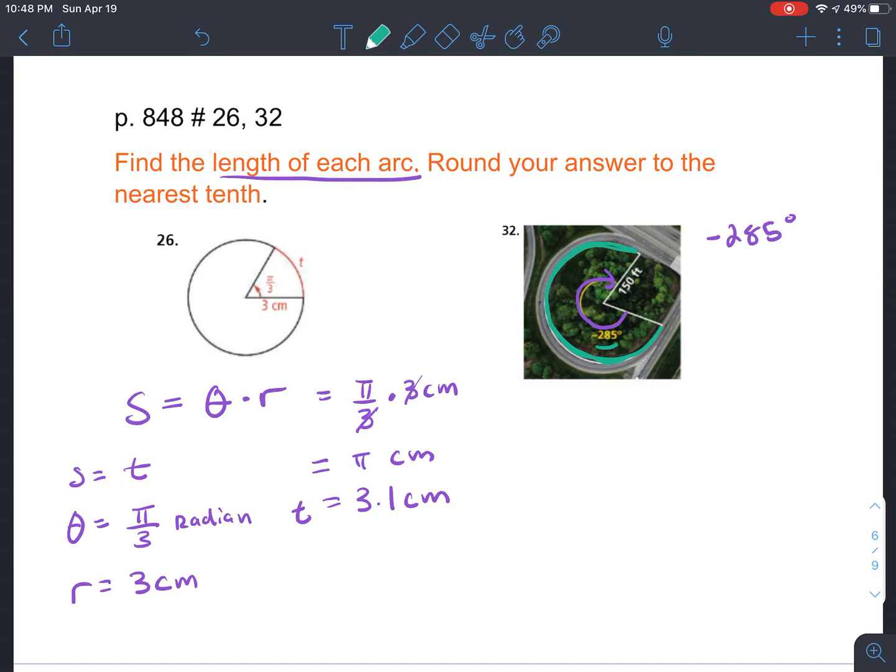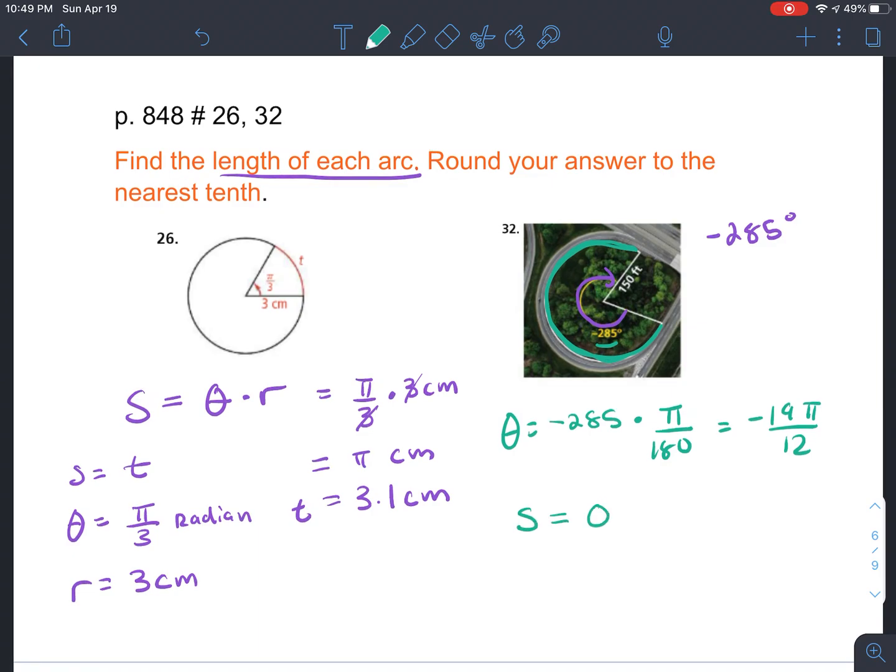So we have a negative 285. We must convert it by multiplying by pi over 180. So to do that, 285 over 180 reduces down to 19 over 12. So negative 19 pi over 12 is my theta.